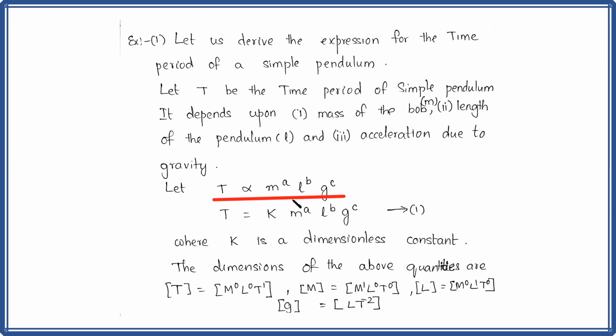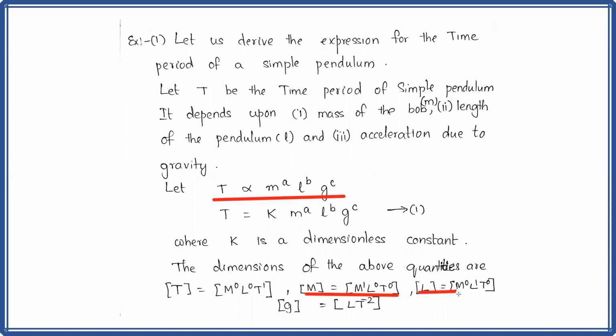And after that, we know mass to the power of a. So mass to the power of a means we will take this one, that is M to the power of 1, L to the power of 0, T to the power of 0. Next, it depends upon length. Write the dimensions of length.